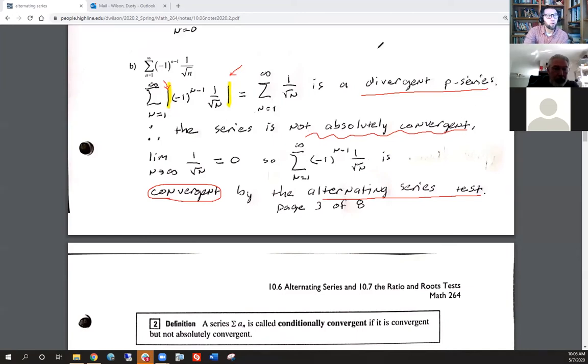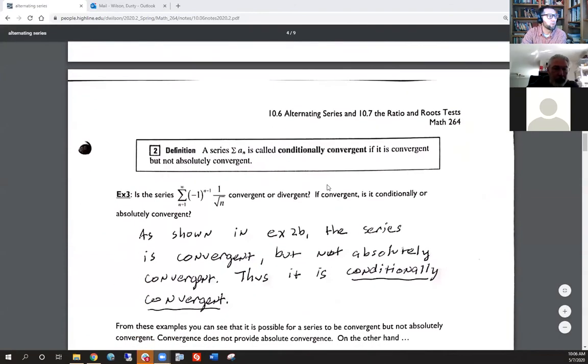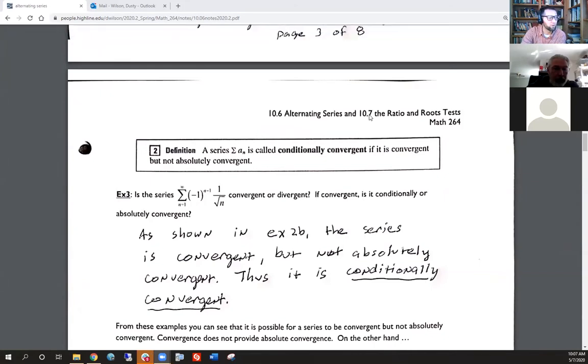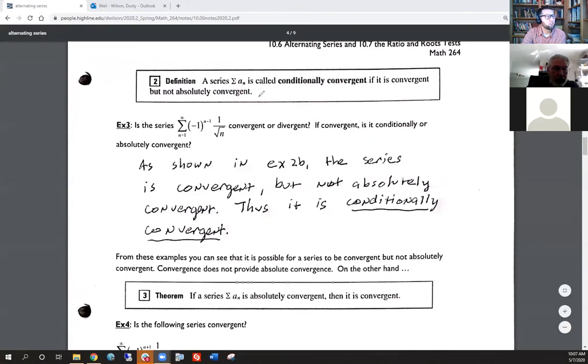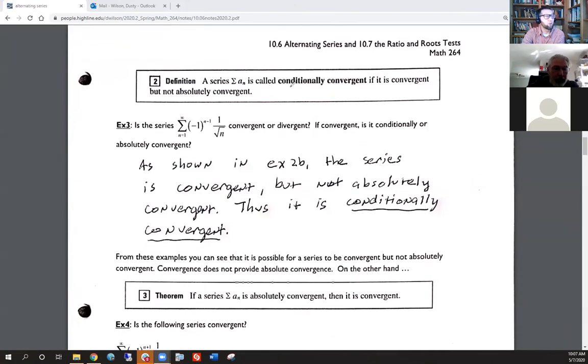We're going to begin today by introducing one more piece of vocabulary in this section. Again, we are in sections 10.6 and 10.7, about a third of the way through the notes packet. The definition is that a series is called conditionally convergent if it is convergent but not absolutely convergent.